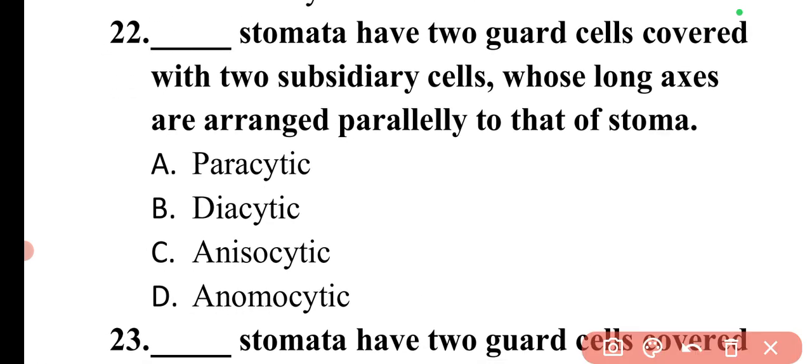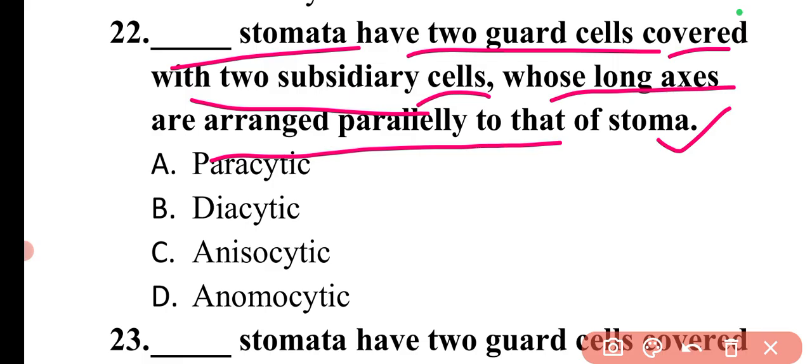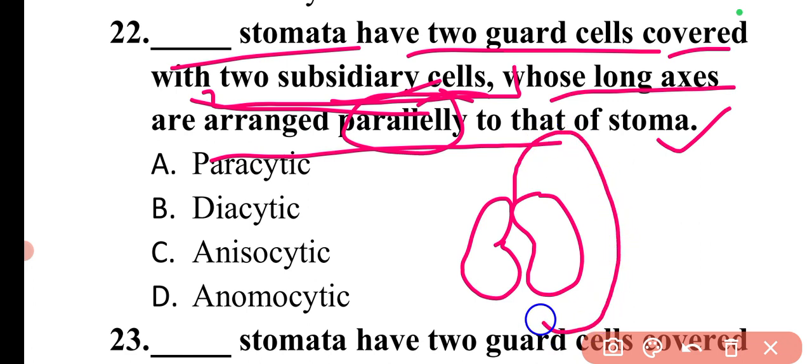Next question is, dash stomata have two guard cells covered with two subsidiary cells whose long axes are arranged parallel to the stomata. So basically these stomata are of different types. There are two guard cells, and there are two subsidiary cells arranged parallelly, in this manner.